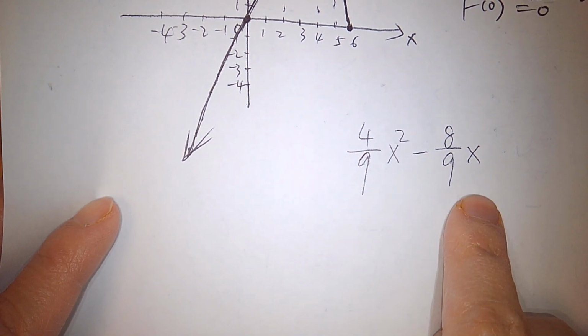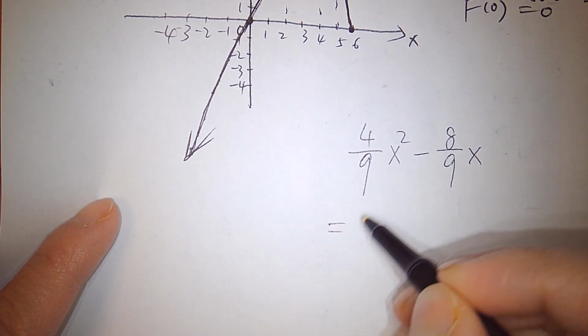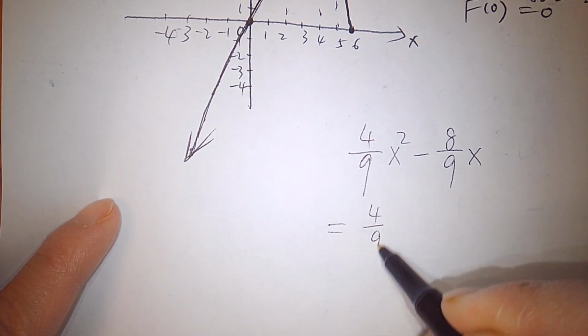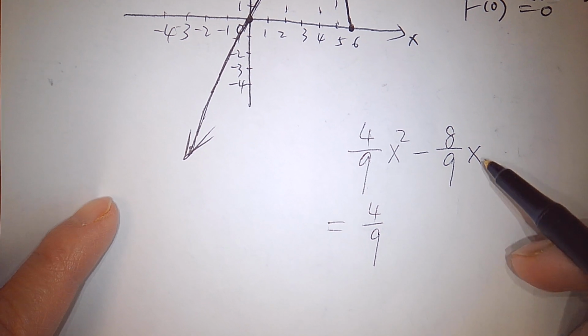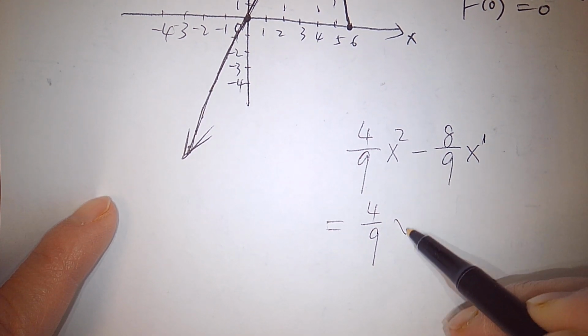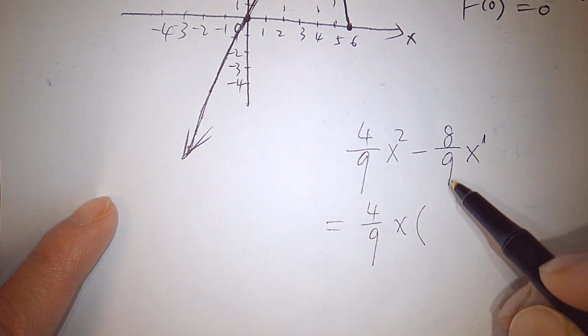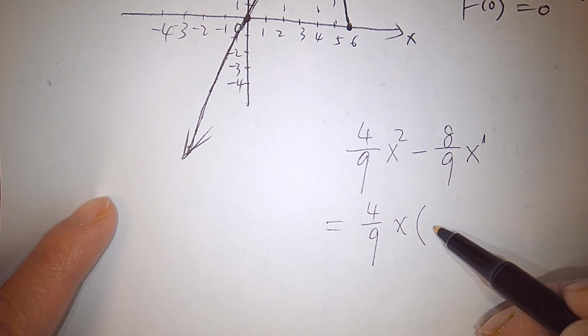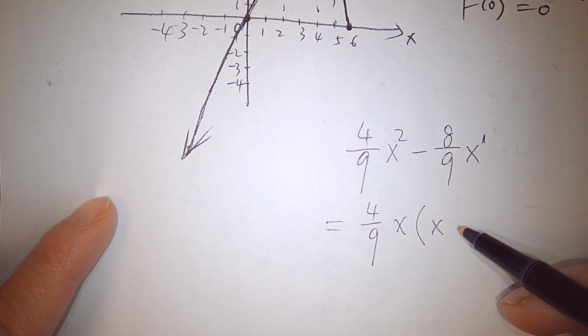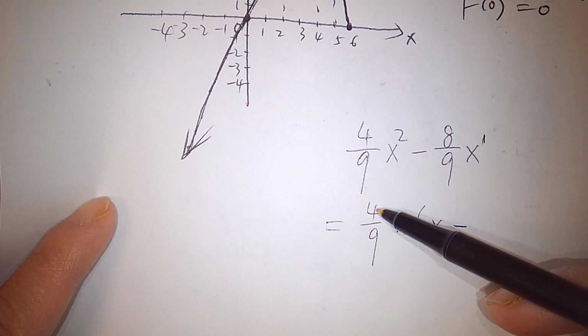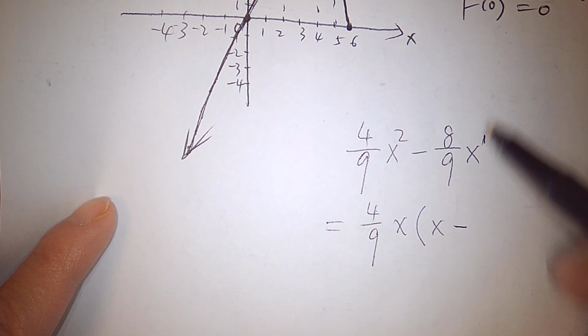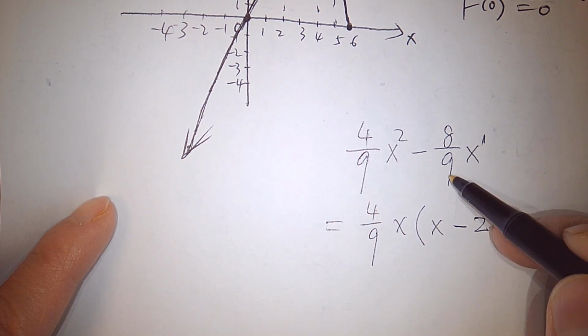Do you know how to factor this? 4 out of 9, right? Also, we factor out x. It gives us x times x gives us x squared, right? And then 4 9ths times by 2 give us 8 9ths.